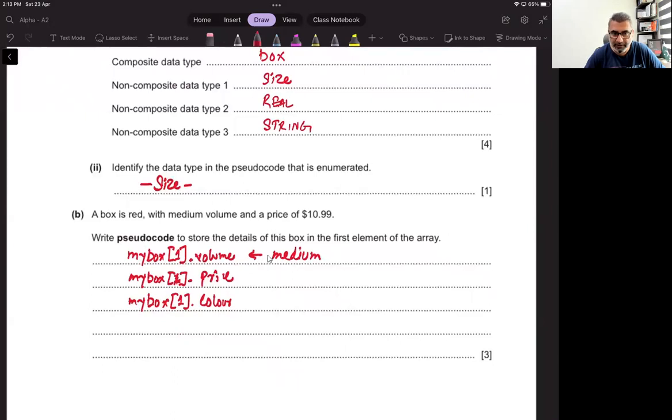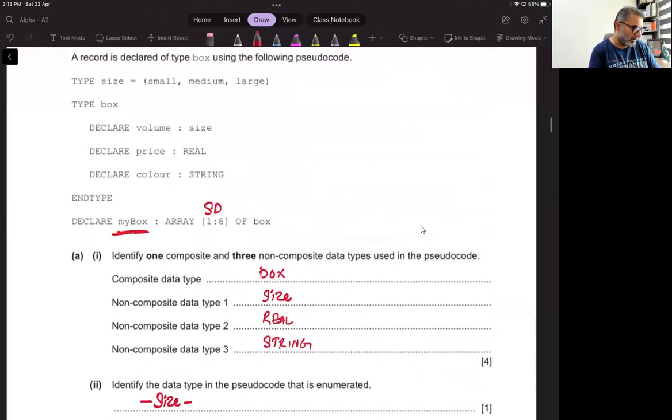The price is 10.99, and color, since it is a string, it is red, so we are going to put it in double quotation. It is mentioned that it is basically a string.